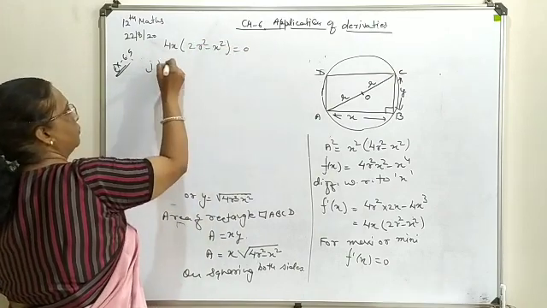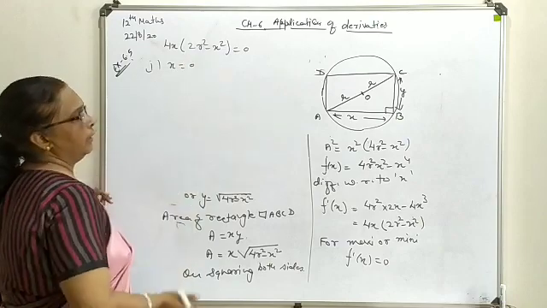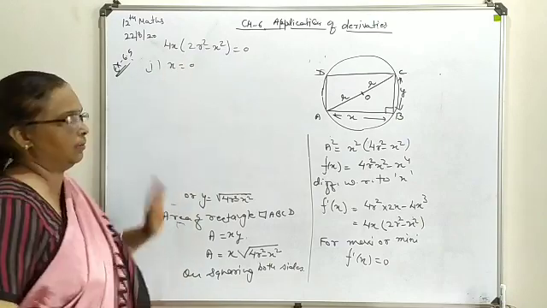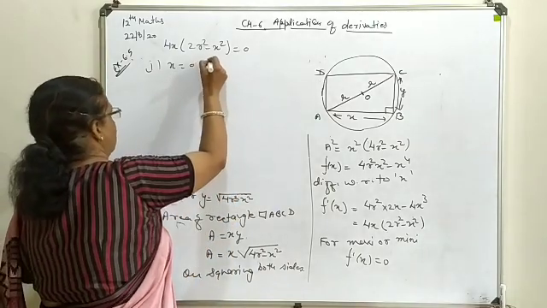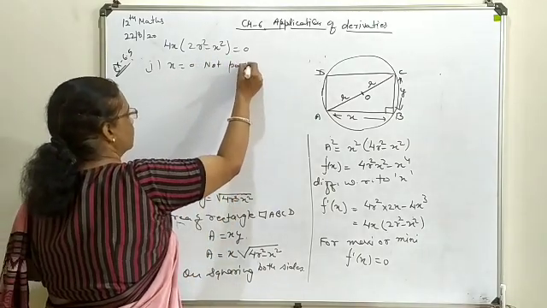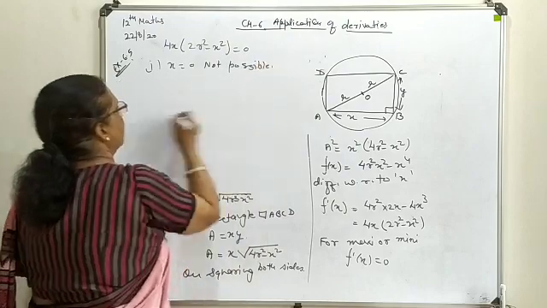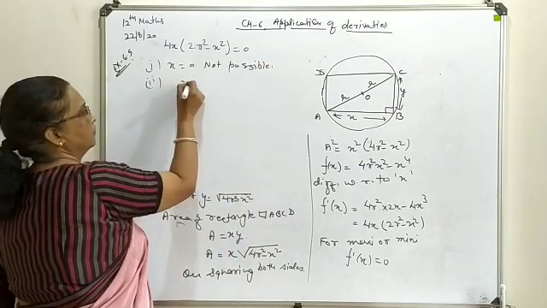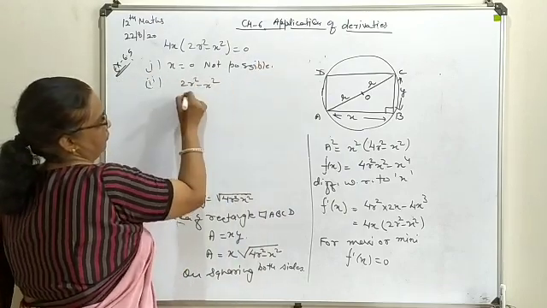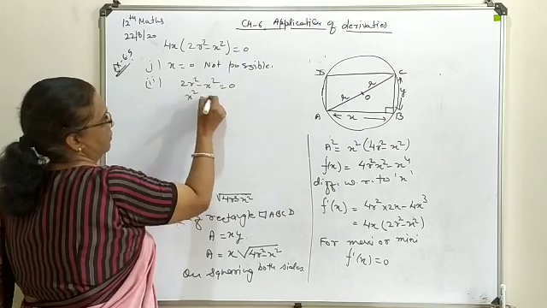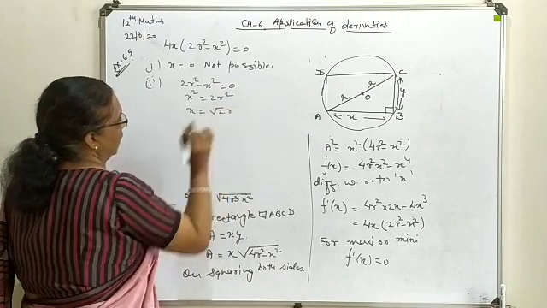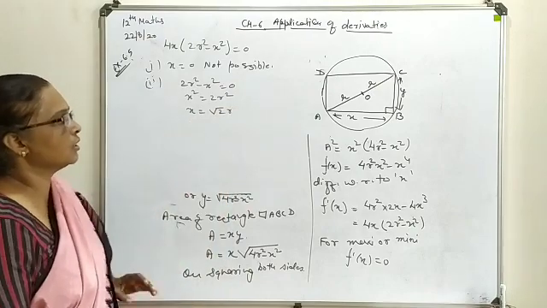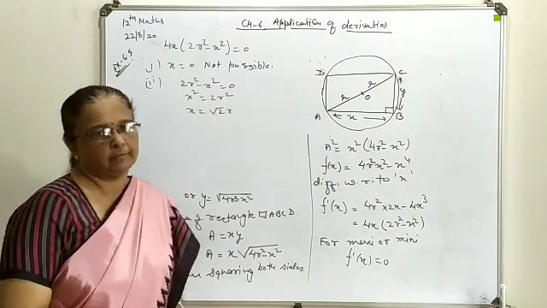One by one we will go. So x is equal to 0. In real practice this is not possible, as any length can't be a 0 quantity. So this is not possible. Move to the second one. This will give you x as root 2 r. So this is the first parameter we have evaluated.